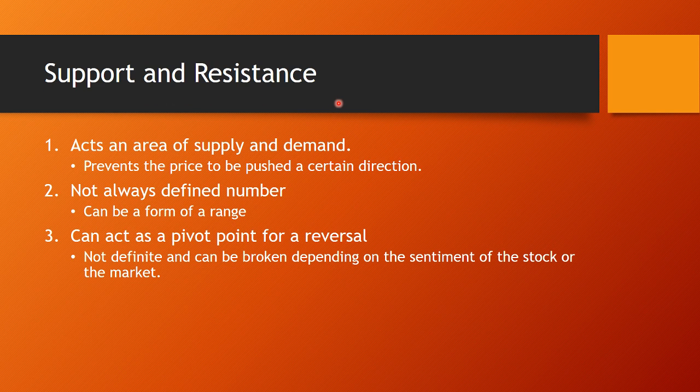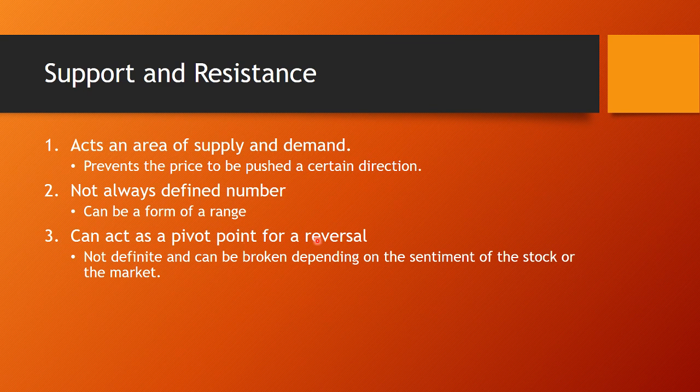Support and resistance. Now we understand that they act as an area of supply and demand, because they prevent the price from being pushed in a certain direction, whether it's being pushed up or down. They're not always a definite number, and sometimes they come in the form of a range.